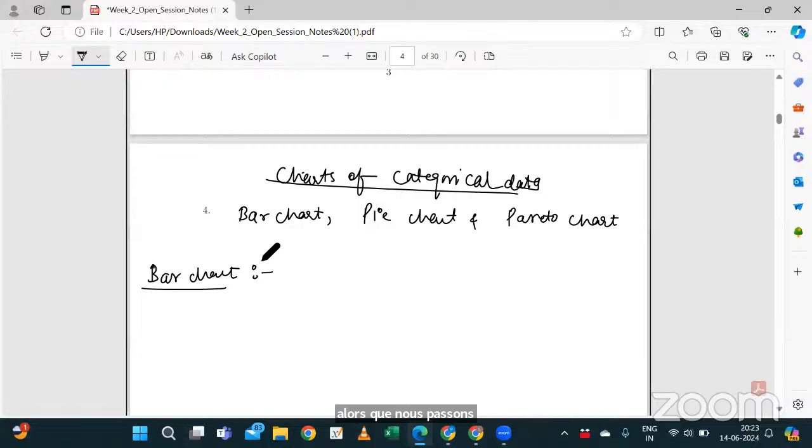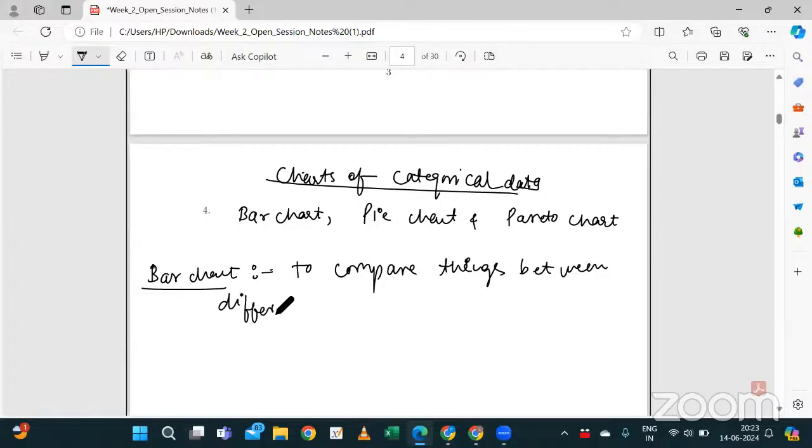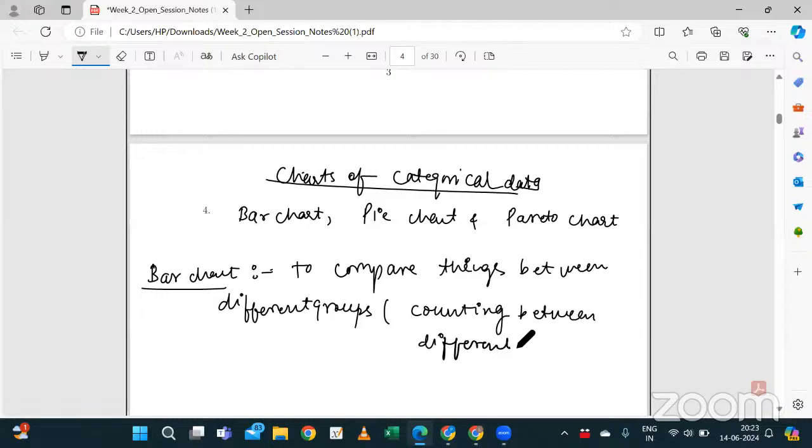So actually I will use a bar chart to compare things between different groups. What I mean by that is I am interested to know the counting between different groups.